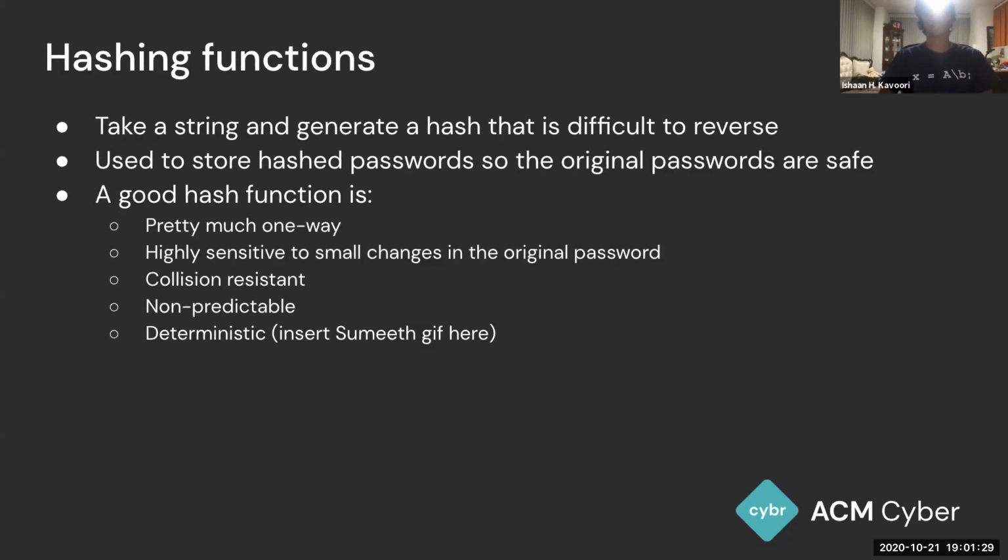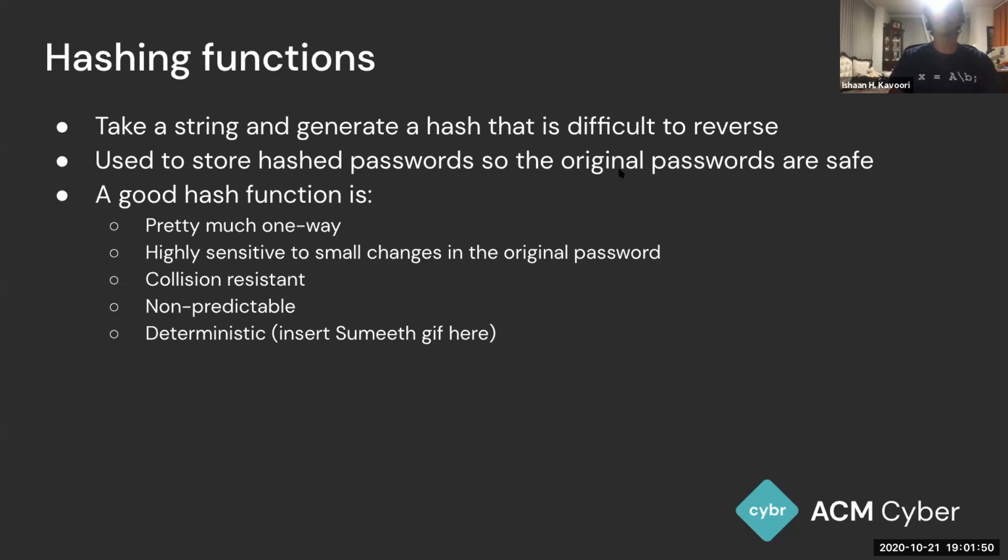Next one, hashing functions. A hashing function is used to turn a string into a hash that's very difficult to reverse, even if you do know the algorithm. And this is used to store hashed passwords, for example.